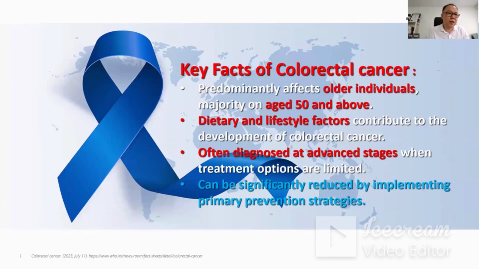If we know how to take care of our guts, and we know how to take care of our digestive system, we can stay away from colorectal cancer or even some other cancer. Okay, so the second fact: dietary and lifestyle factors contribute to the development of colorectal cancer, right? Whatever you eat is actually affecting our health, right?